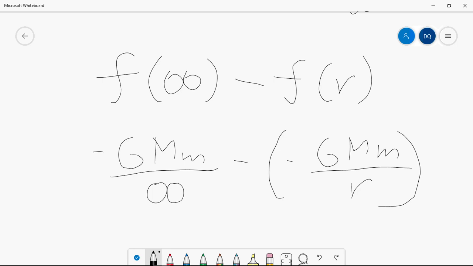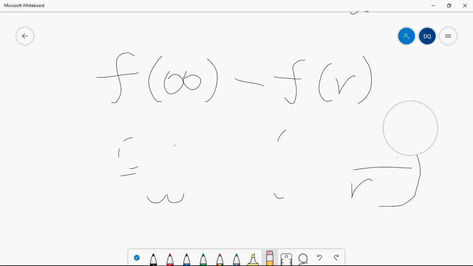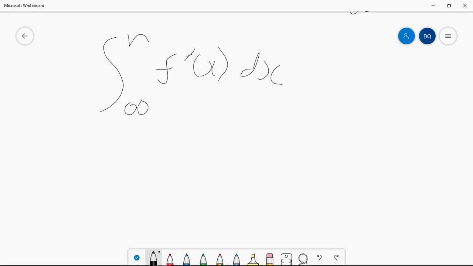You know what? I think I wrote that backwards. Let me fix that. When our symbol is set up like this, we weren't going from r to infinity, sorry. We were going from infinity to r of that function dx, where that function was G M m over x squared.